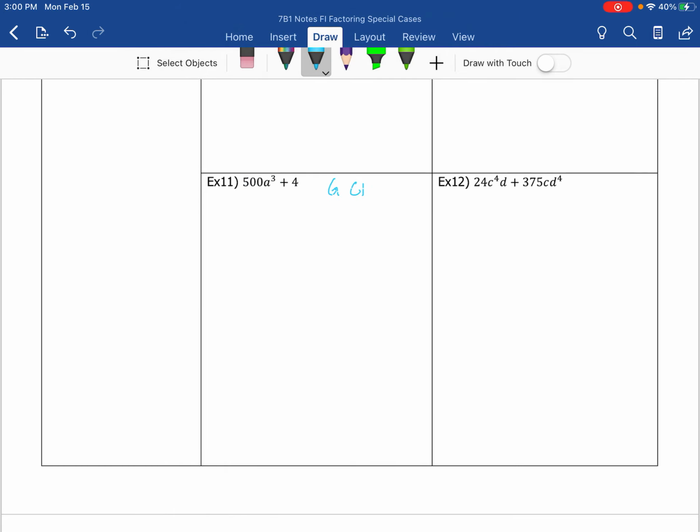This next one, I do have a GCF. I have a greatest common factor of 4, excuse me.